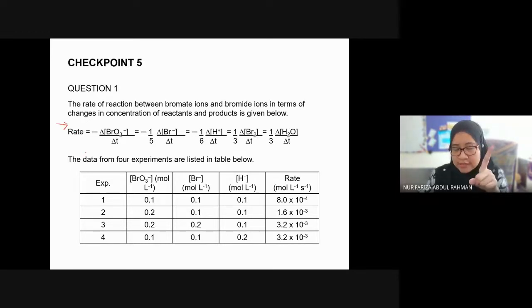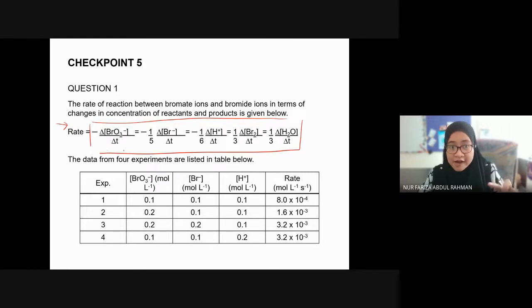So most likely the question will be asking for the equation. You have to write the balanced equation for this reaction. Remember last time I advised you to make sure that you know how to transform from the balanced equation to this differential rate equation and vice versa.